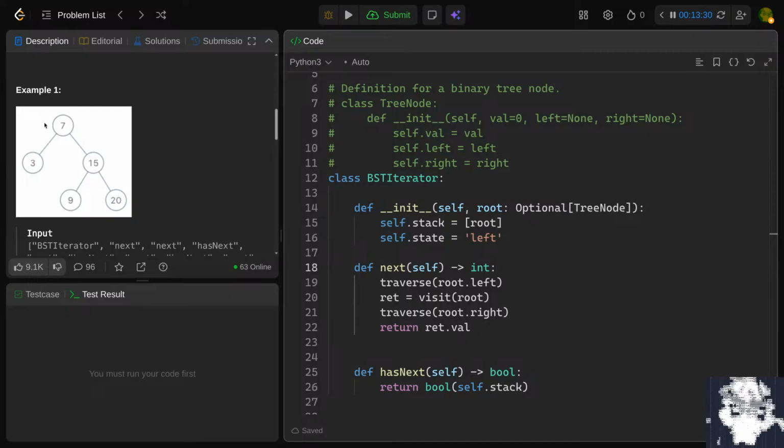Because you start by going as far left as you can. And then you yield this.